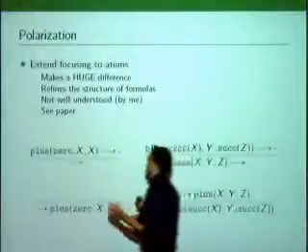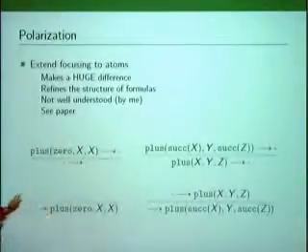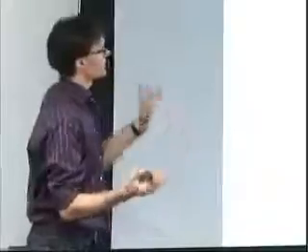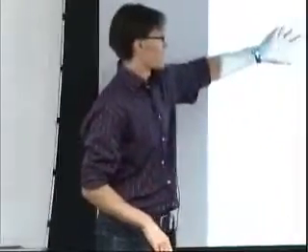So the polarization is another detailed thing, and I want to point you to the paper if you're interested, but I just want to show what a dramatic effect giving an atom like plus positive or negative polarity can be.